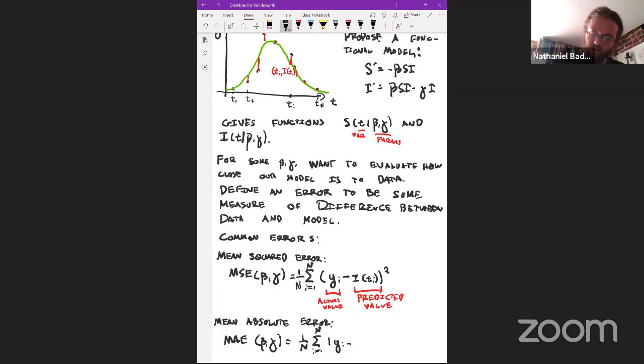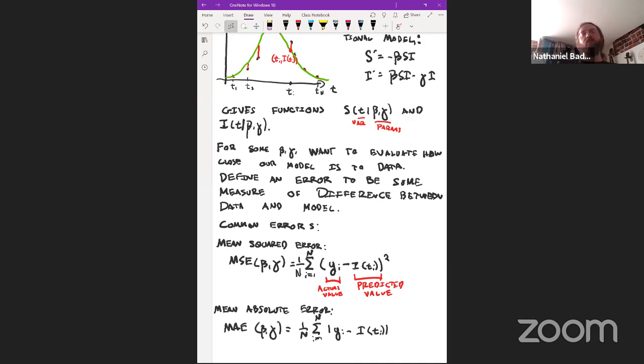So this, instead of squaring, we just take the absolute value. So mathematically, if we were to take the square root of this, this would be the L2 and this would be the L1 errors.